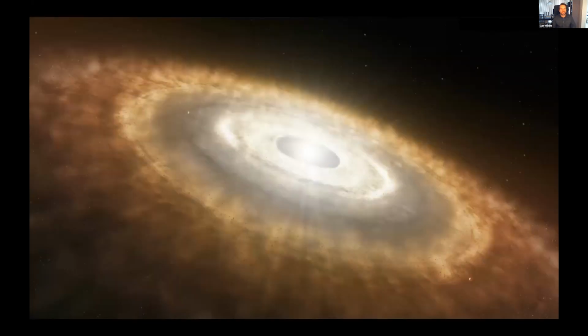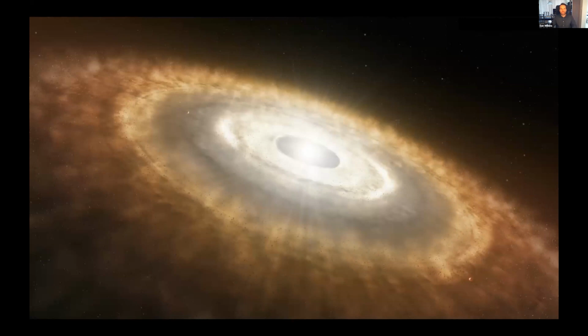But then the universe went dark. The original universe was hot, so the material in it was still able to glow. But as it expands, it cools down, and we start to lose the sources of light that we had early on. That is until we're able to light up the first stars.